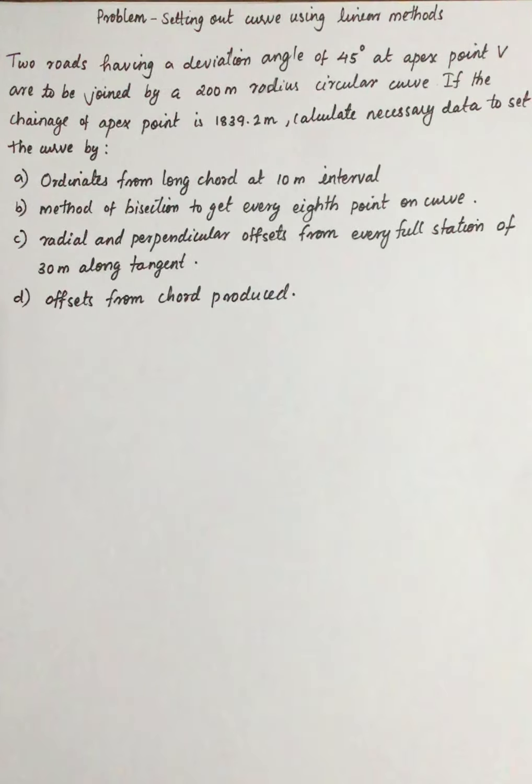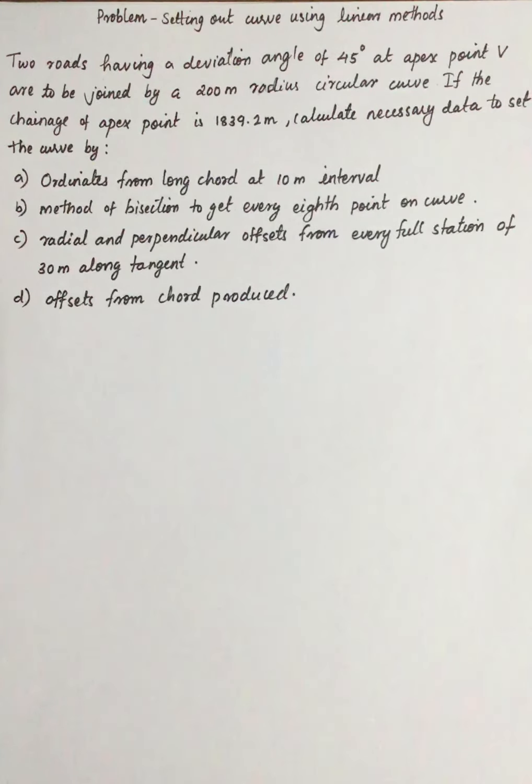If the chainage of apex point is 1839.2 meters, calculate necessary data to set the curve by ordinates from long chord at 10-meter interval, method of bisection to get every 8th point on curve, radial and perpendicular offsets from every full station of 30-meter along tangent, offsets from chord produced. All of you can write down this question, so that when I turn the page, you can just look at the question.